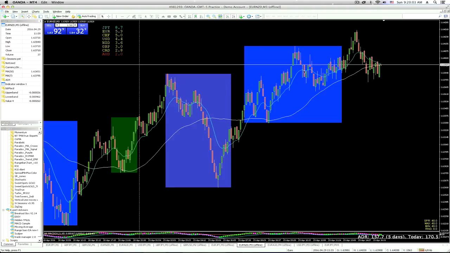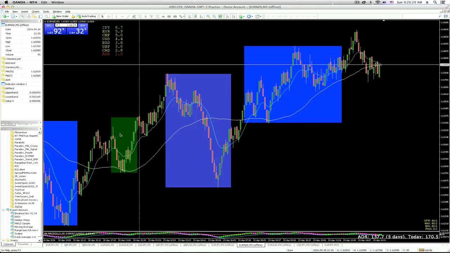Now, these boxes on here represent time periods or time frames exclusive to major markets. Starting with the green one on the left, this is approximately 1837. Well, it is close enough.